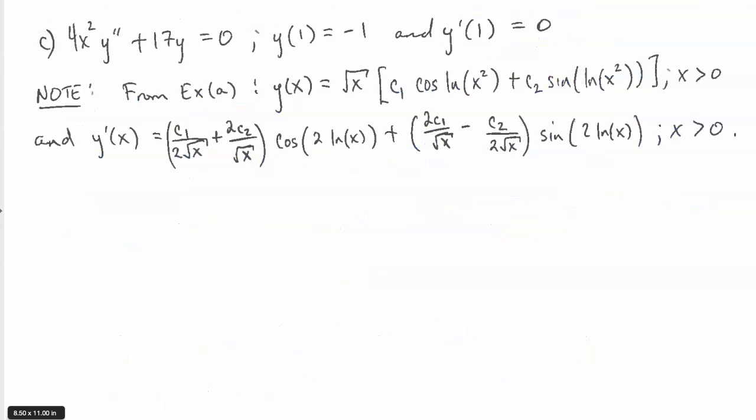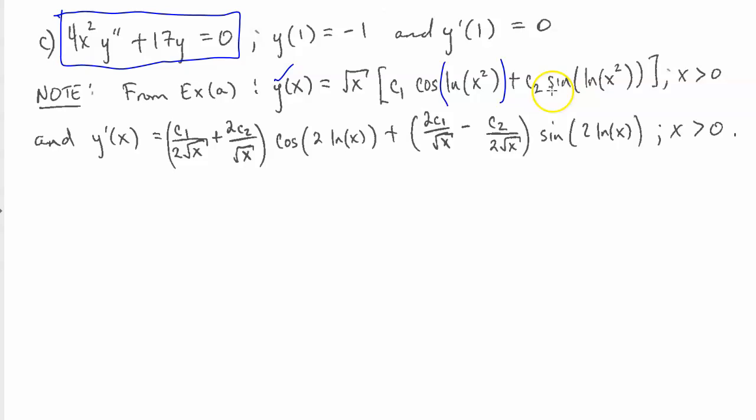So for our next example, this one should look a little familiar to you because we actually had this in example A. We actually figured out what the general solution was for this particular ODE in example A. And we found that it was this: square root of x times (c1 cosine of natural log of x squared plus c2 sine of natural log of x squared).